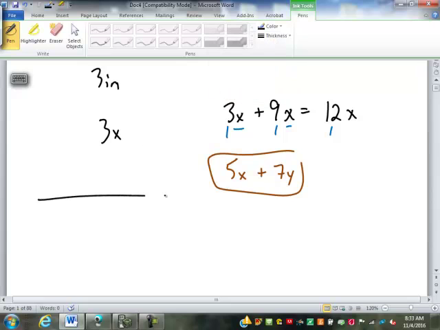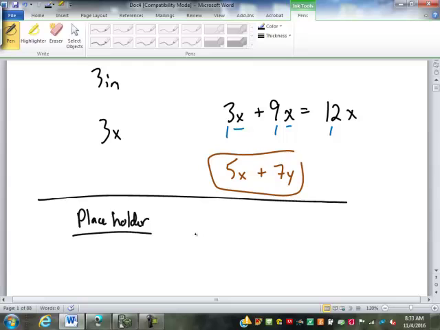Another form a variable can take is it can be just a placeholder. For example, if we have formulas, you guys are going to deal with several cutting speed formulas and stuff like that. But you might just have a simple formula, like we'll see with temperature conversions.